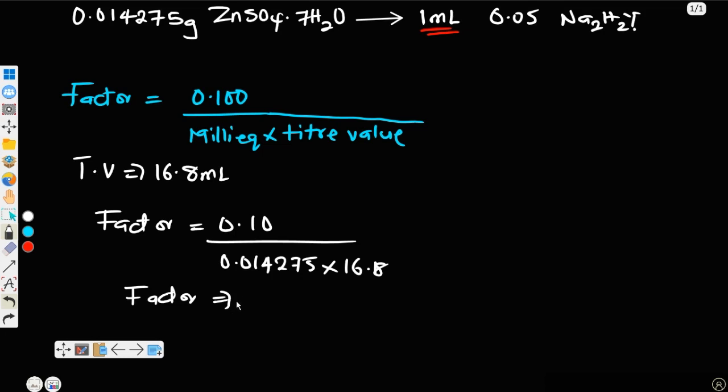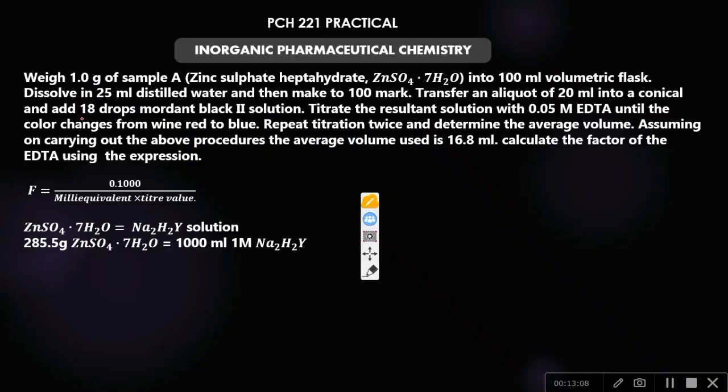Factor will be equal to 0.417. Sorry, not 0.147, 0.417. Factor of EDTA. All right. So this is the factor of what? EDTA. Now, is this the factor that you are now going to use to calculate for the other question?